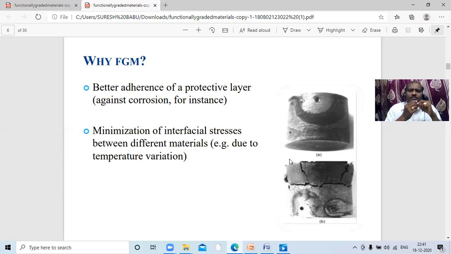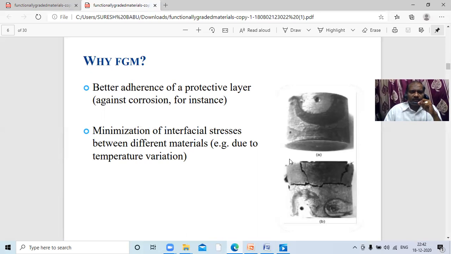Next, minimization of interfacial stresses between different materials due to temperature variation. So the second one is to reduce the stresses between one part of a metal and another part of a material. We can go for these FGM materials. That means an FGM material can absorb shock, or can protect the material from heavy hitting, or sometimes it may be effective for reducing the stresses on the desirable component.